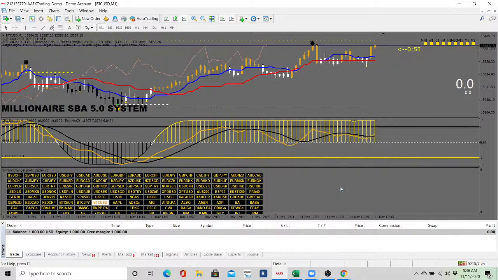Buy alert on Bitcoin. All right, so let's watch and see what Bitcoin does. And 15 more seconds on this candle.